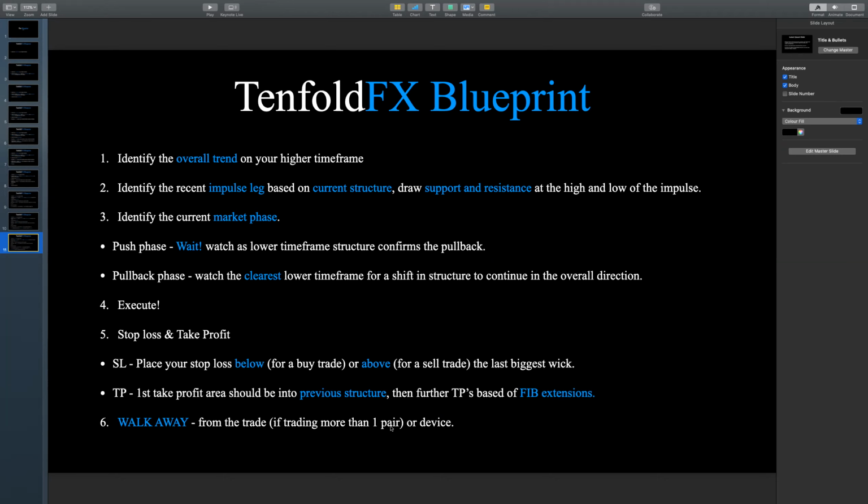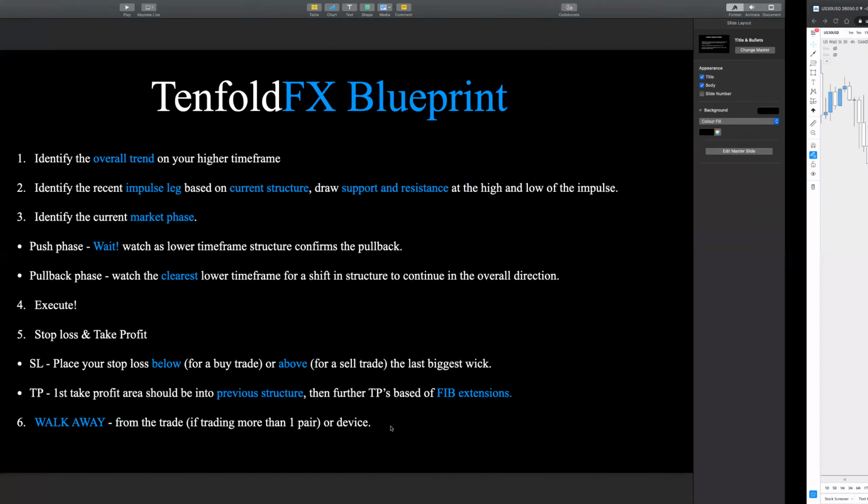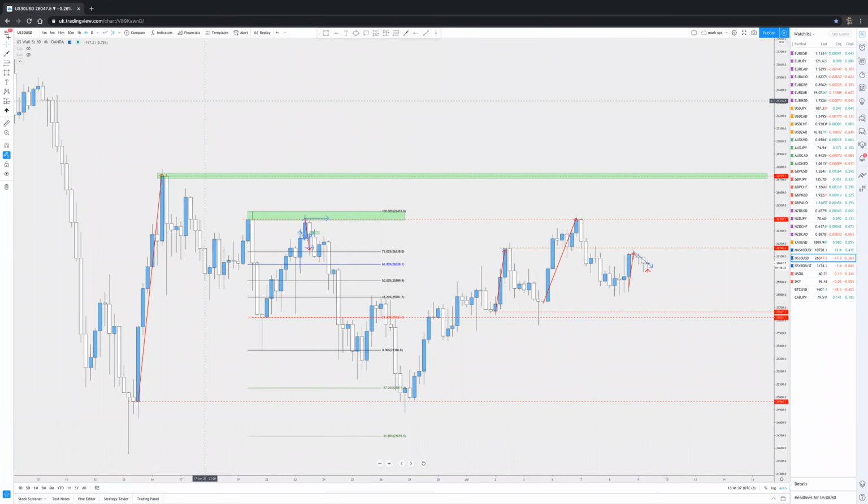So if you are on, let's say, the 15-minute, and you had a 15-minute break of structure, and you are, let's say this is a buy scenario, a bullish scenario, and let me just do this on the chart quickly. So let's say you are in a bullish scenario, and this is where you are at. So on M15, you have obviously lower highs, lower lows being formed.